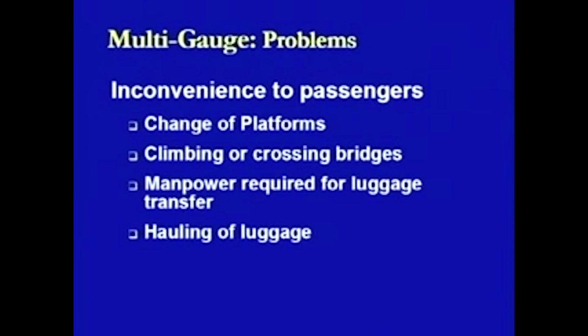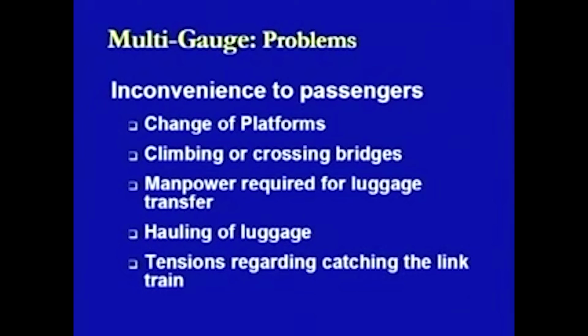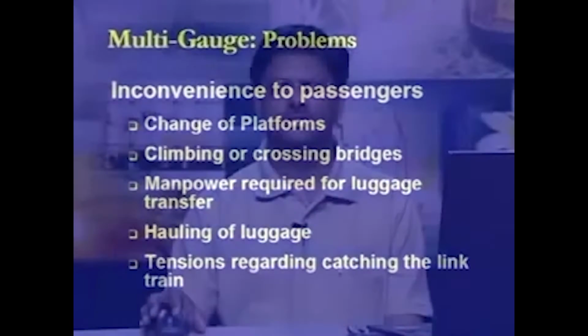The hauling of luggage, and the tension regarding catching the link train, is another important aspect. You don't know whether you are moving on time or you are going to be late, and if there is a link train for that journey, then if you are on time you can catch it, otherwise you are going to miss it. So that sort of tension will always remain with you.